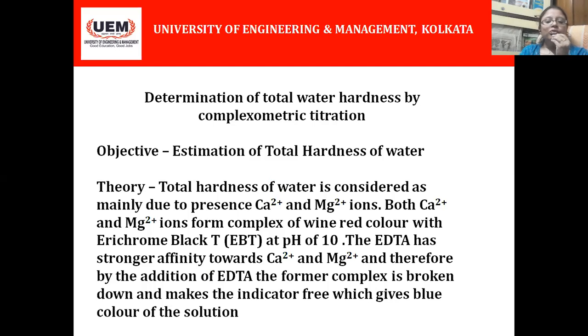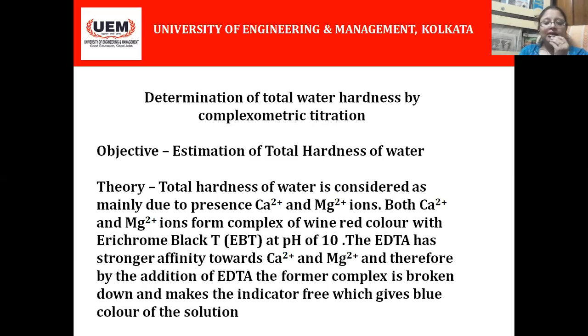Then we add the indicator, eriochrome black T. The sample water contains calcium and magnesium ions, right? Now you are adding eriochrome black T indicator in that solution at pH 10. Then first it will form complex. The eriochrome black T will form complex with calcium and magnesium ions.